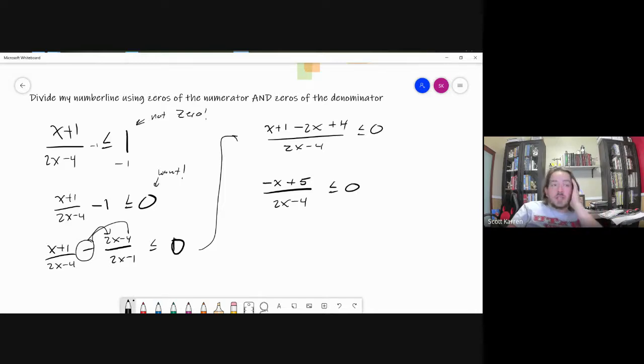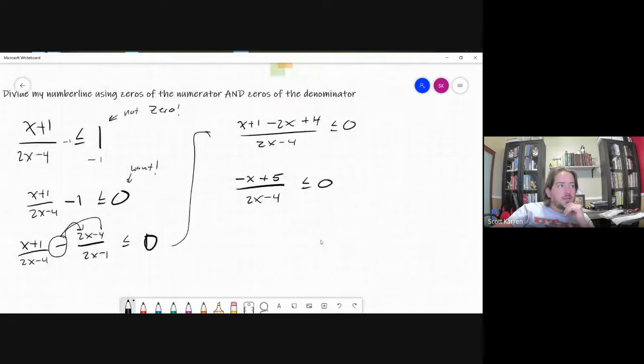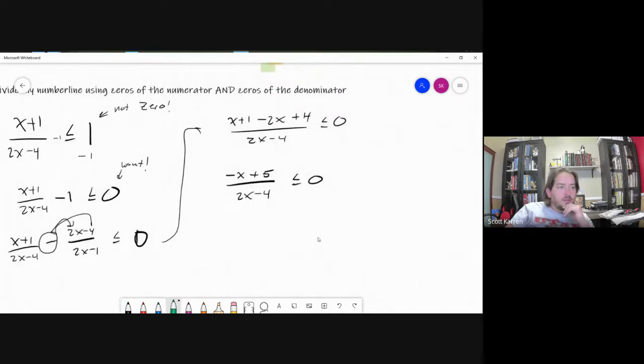I don't know what this looks like, right? But that's okay. My zeros of my numerator, I just set that numerator equal to 0. And if I just add x to both sides, I can see that it is 5.